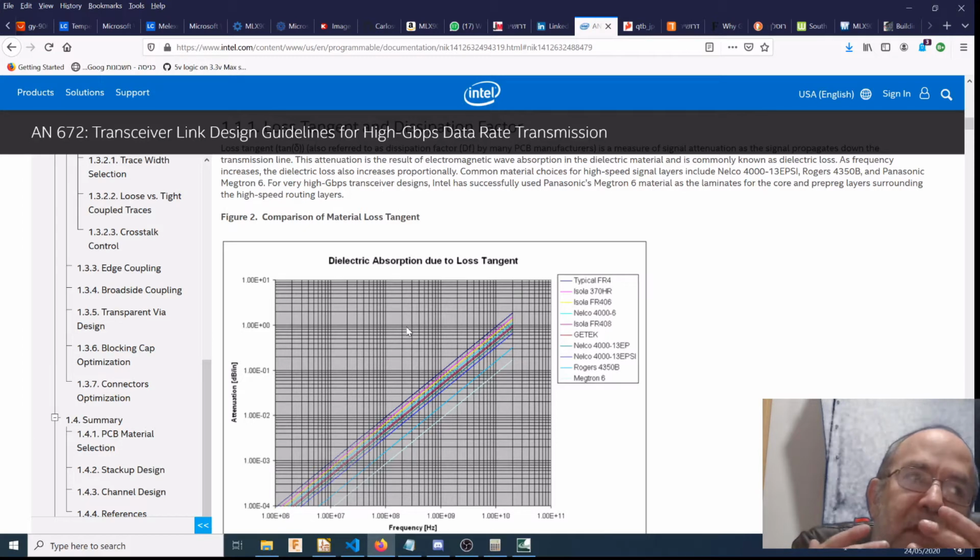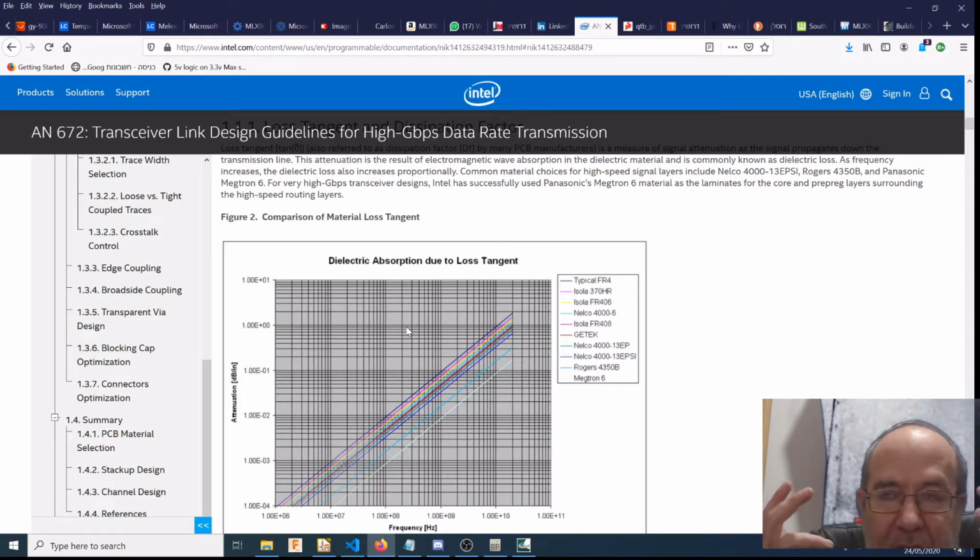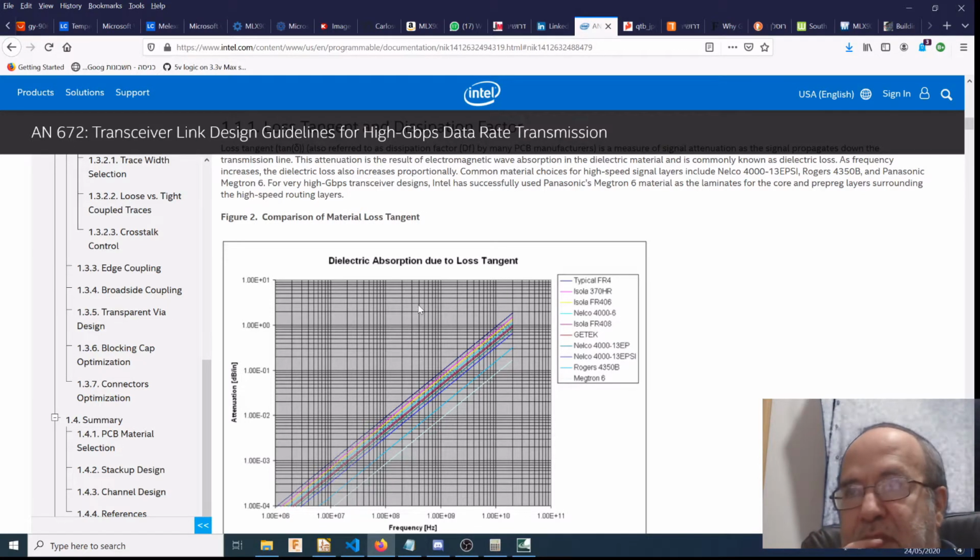The higher the capacitance, the more your lines are going to be attenuated. On a very basic level, the longer the lines, the higher the impedance of the lines.